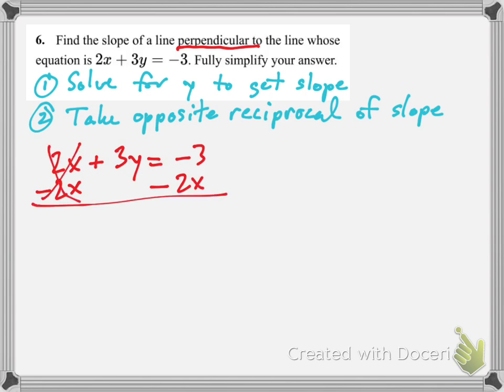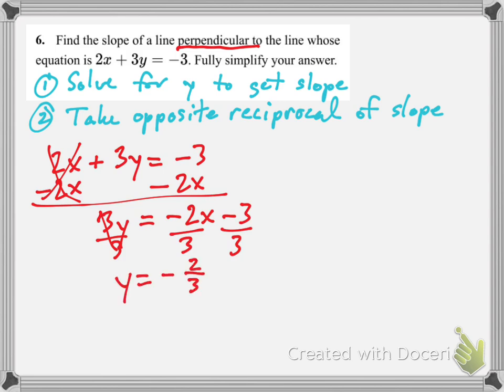Minus 2x to both sides. So I have 3y equals negative 2x minus 3. Divide all three terms by 3. Y equals negative 2/3 x. Negative 3 divided by 3 is negative 1. So the slope of my original given line is negative 2/3.